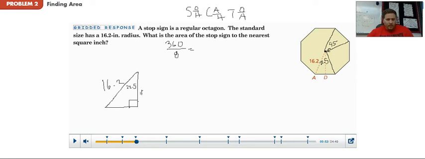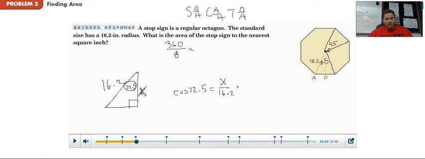If I'm going from this angle right here, this is going to be adjacent, this is going to be hypotenuse, so I'm going to use the cosine of 22.5. And this is going to equal my adjacent is x, and my hypotenuse is 16.2.